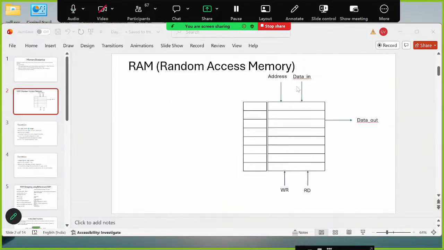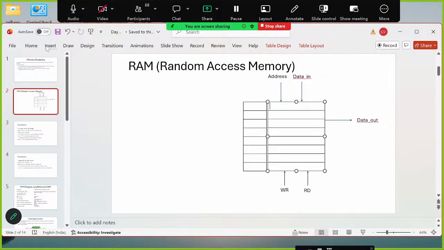Very good. We need 8 data lines because I already told you that the width of the register or location is 8 bit. At a time we can only store 8 bit of data, in other words we can store 8 bit of data in one location.